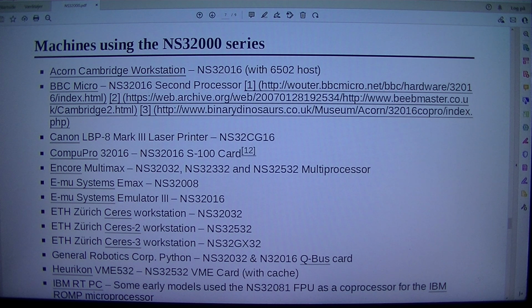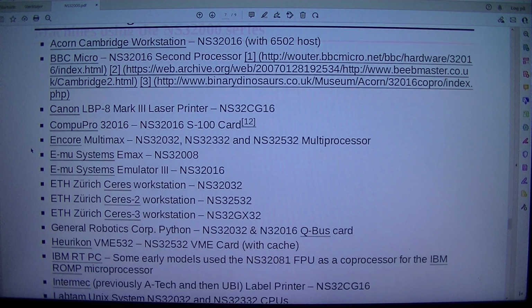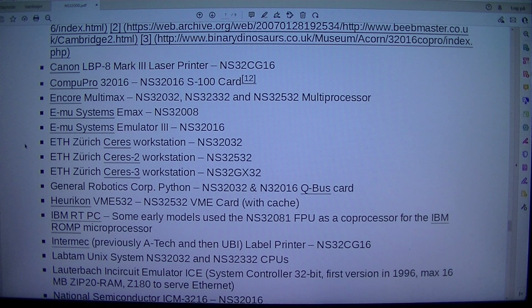Machines using the NS32000 series. Acorn Cambridge Workstation NS32016, with 6502 host. BBC Micro NS32016 second processor, 1, 2, 3. Canon LBP8 Mark III laser printer NS32CG16. CompuPro 32016 NS32016S100 card, 12.